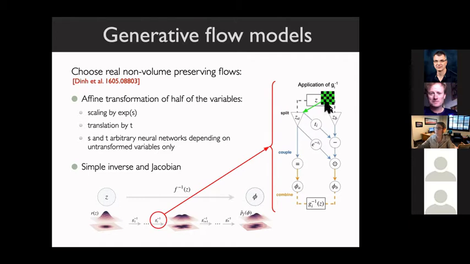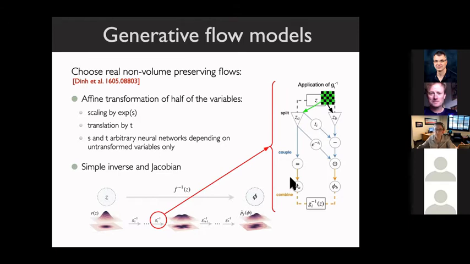You take the other half of the checkerboard and you transform it with arbitrary scaling and arbitrary translations, which can be parameterized by complicated neural networks. As long as those neural networks depend only on the untransformed half of the data, then what you have is a nice lower triangular Jacobian that can be easily computed. Okay, so this gives you a very nice complex model with many free parameters to optimize that has a computable, tractable Jacobian and is invertible.